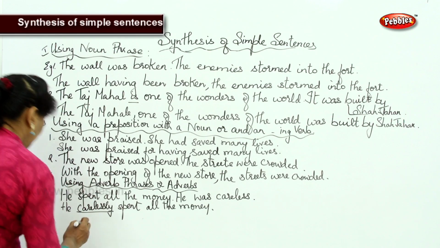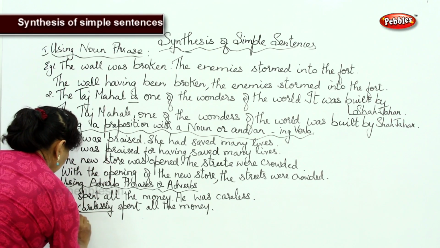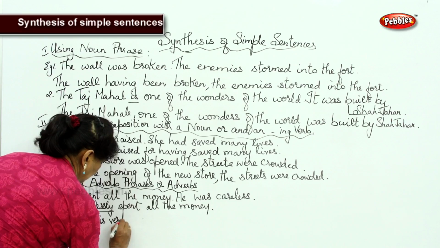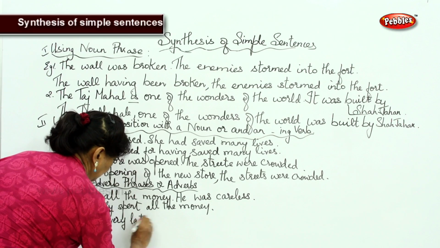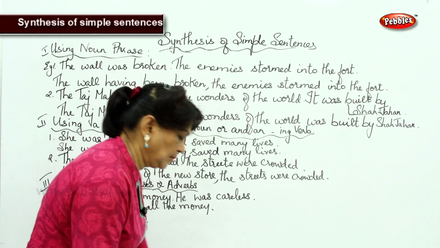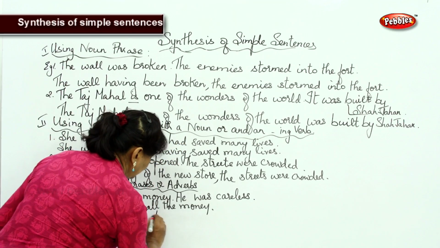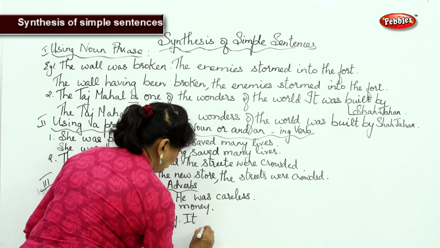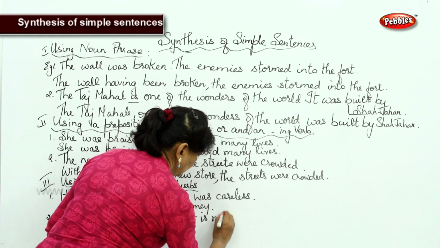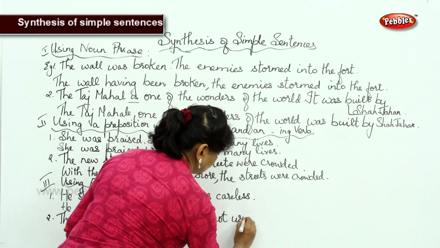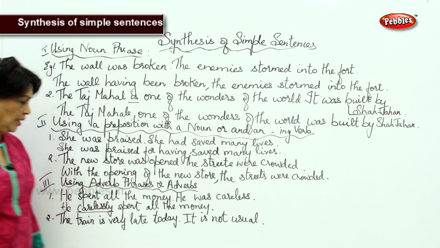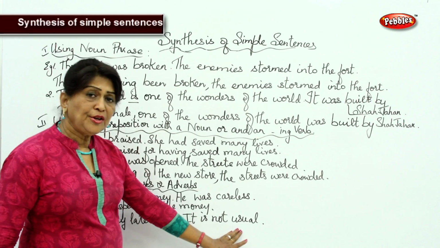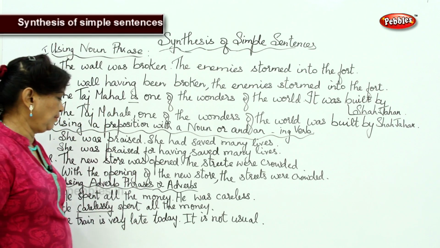The train is very late. The train is very late today. It is not usual. Okay, now how will you change this? The train is unusually late today, very late today.